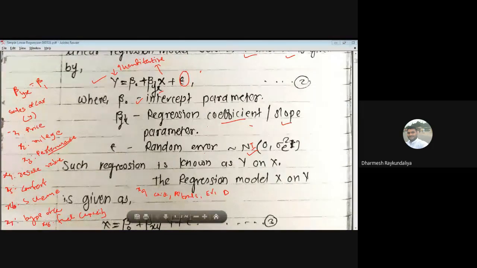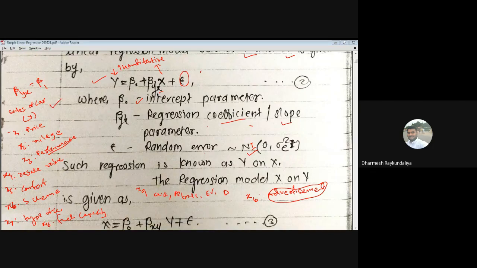But how do you know whether the car is available in the market, or whether the company has launched a new car in the market? How do you know? Through advertisement. So the sales of a car depend on so many variables. But if I am only interested in the impact of advertisement expenditure on the sales of cars, I want to study only this.